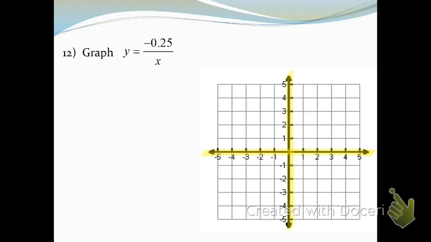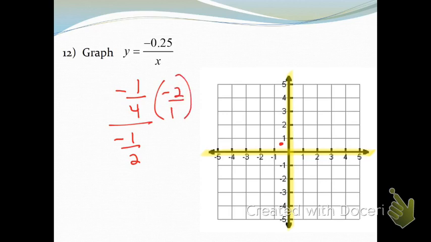Now watch this. There is a point at -1/2, comma 1/2. You're going, Mr. How the heck are you getting that? Well, let me show you. If I plugged in -1/2, what's -1/4 divided by -1/2? Let's write it out if you can't see it. -1/4 divided by -1/2 would be multiplied by the reciprocal, which is -2 over 1, which gives me positive 1/2.